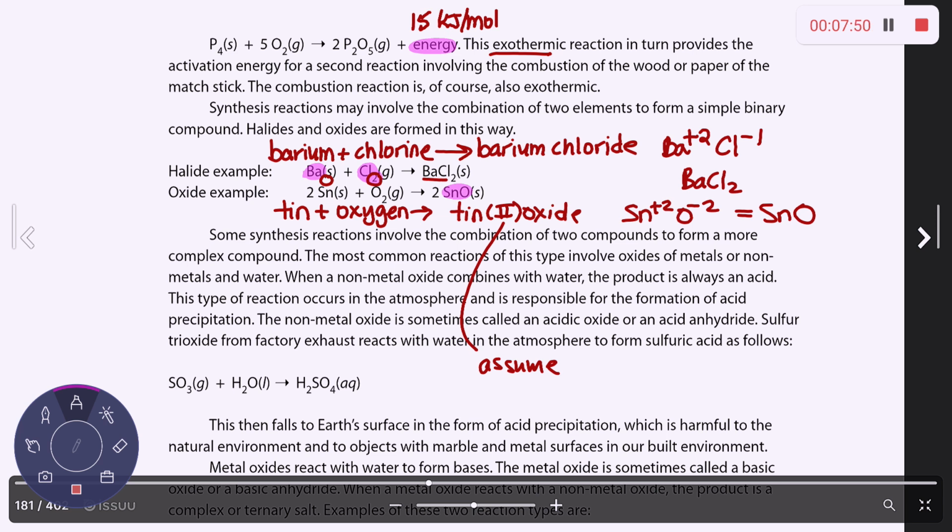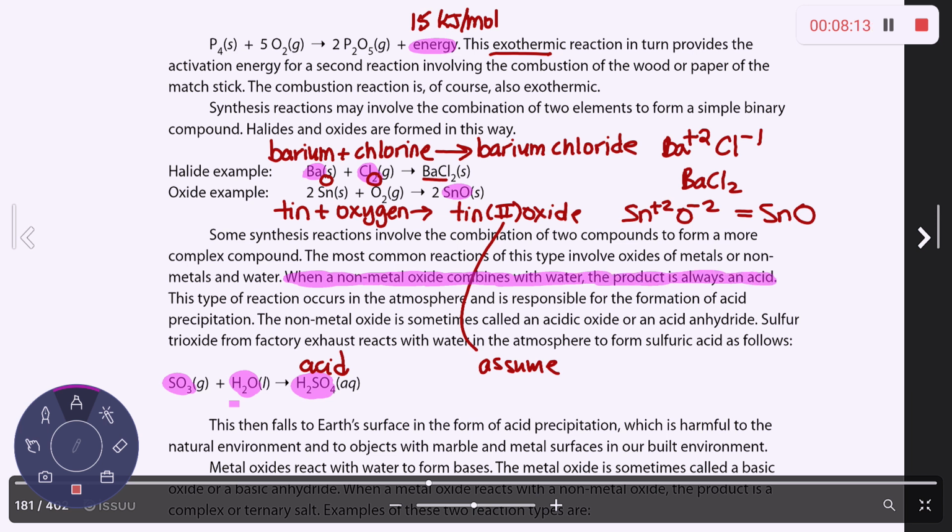For advanced students, you will sometimes see a non-metal oxide combining with water to make an acid. Okay, so here they tell you when a non-metal oxide combines with water, the product is always an acid.